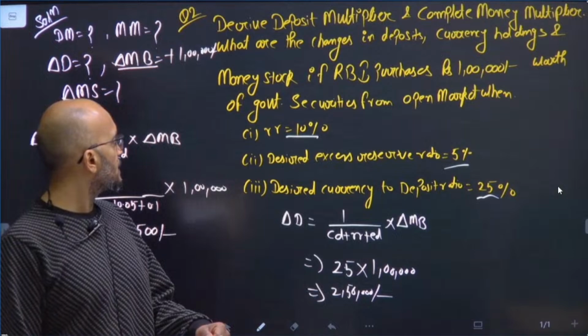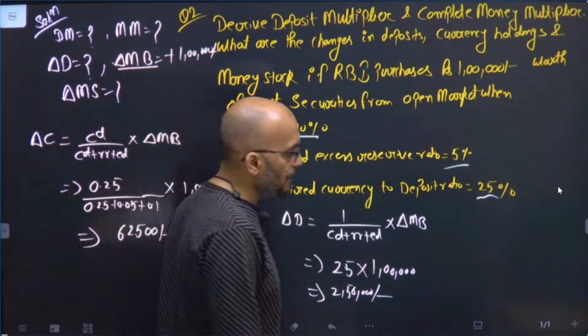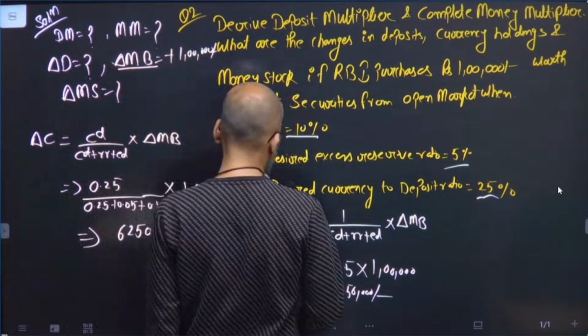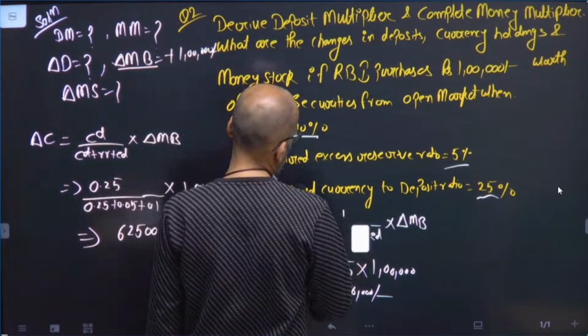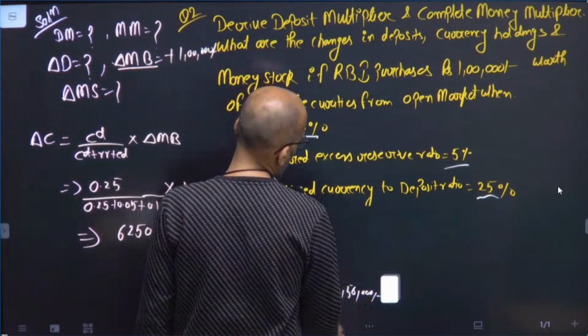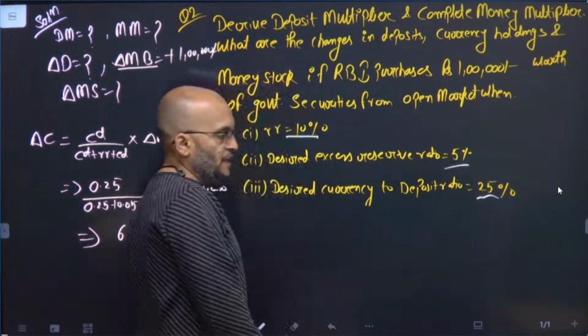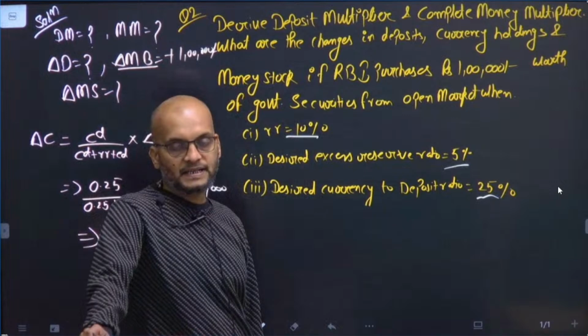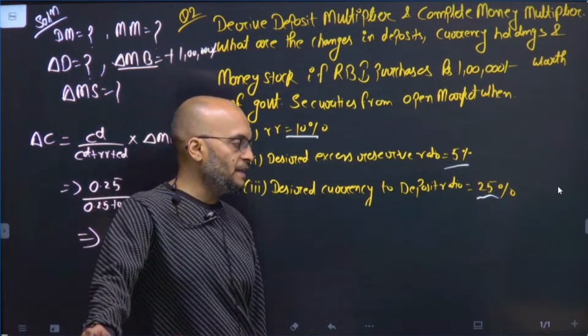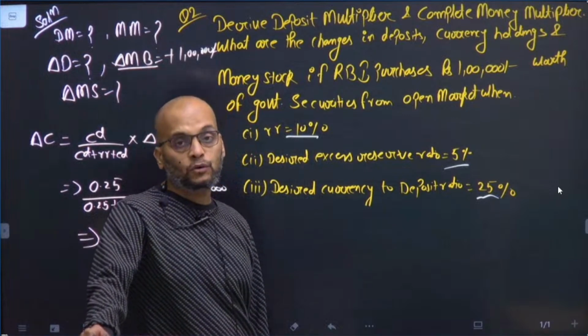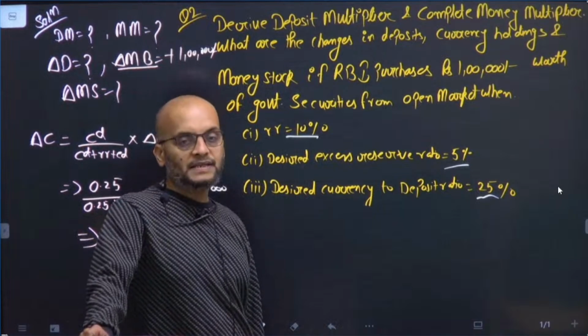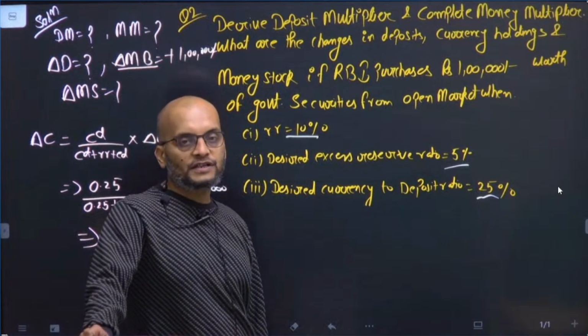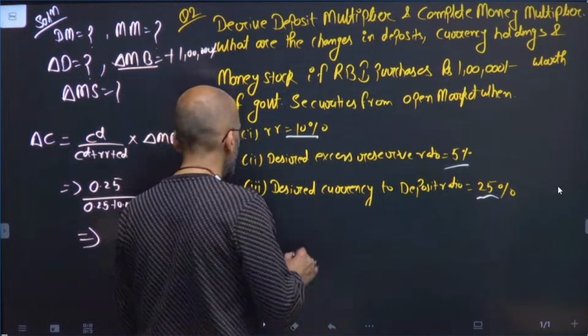Changes in deposit, currency, money stock. That means delta M or money supply. Money supply you need to calculate. Change in money supply. So we know the direct formula of change in money supply. Yes or no? Money supply is equal to deposit plus currency. So change in money supply, delta MS, is equal to delta D plus delta C. Change in deposit plus change in currency.